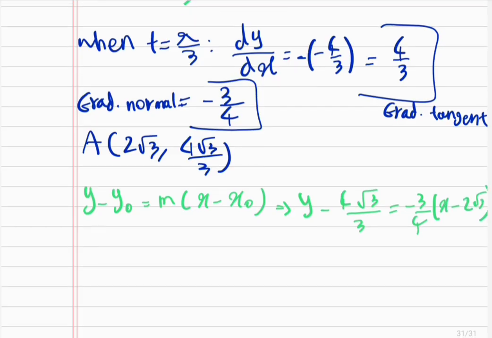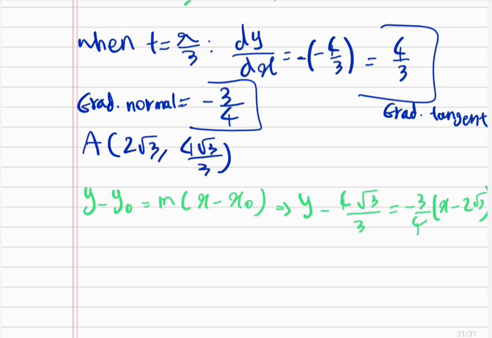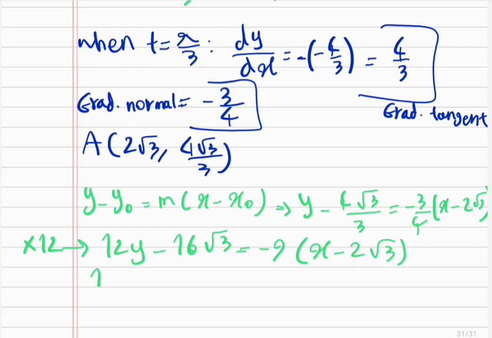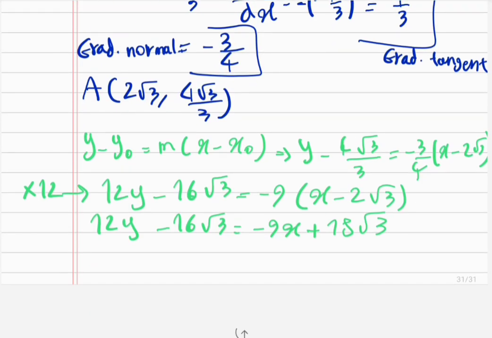Okay, so we have two denominators of 3 and 4, so we can multiply every term by 12 to get rid of the denominators. We'll have 12y minus 16 root 3 is equal to minus 9 times x minus 2 root 3. Then we have 12y minus 16 root 3 is equal to minus 9x plus 18 root 3.